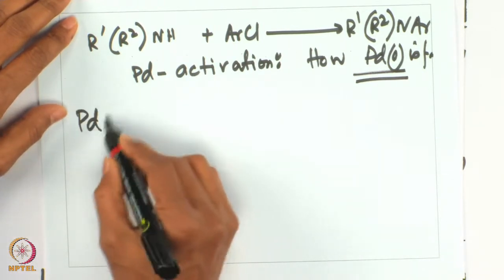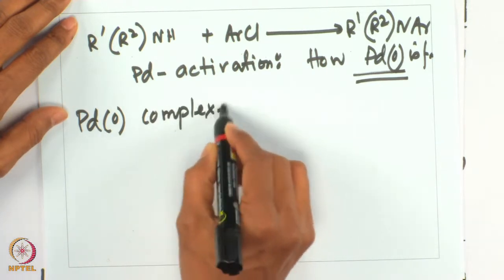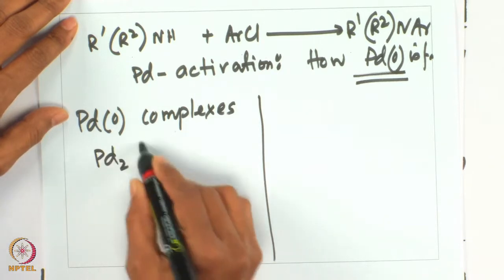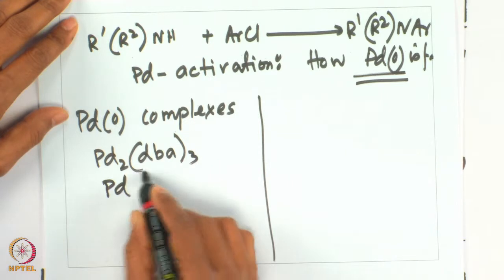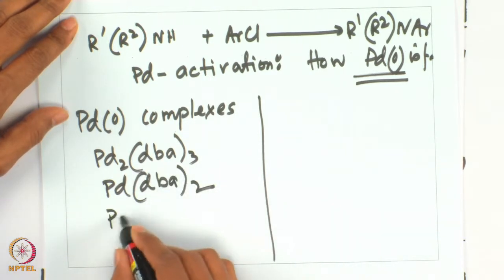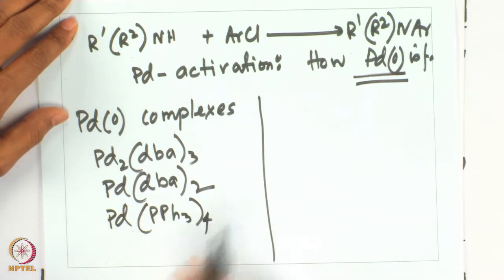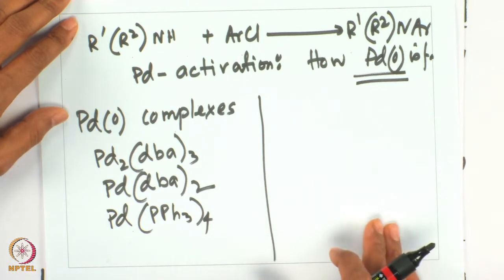Of course, one can use a palladium 0 complex, that we were emphasizing previously. For example, we can have Pd2(dba)3, Pd(dba)2, which are commercially available palladium 0 sources, and Pd(PPh3)4, palladium tetrakis. But the problem is palladium 0 complexes are more active, but considerably less stable.